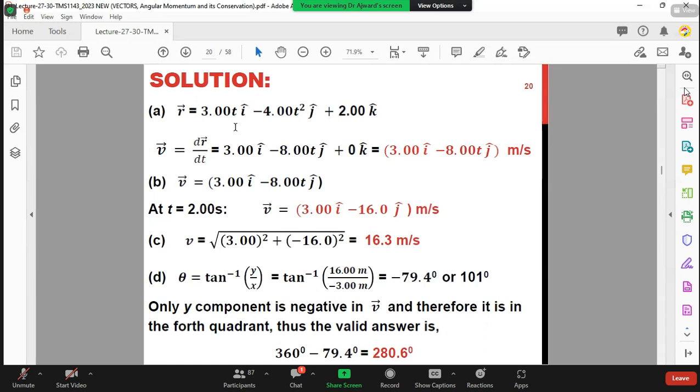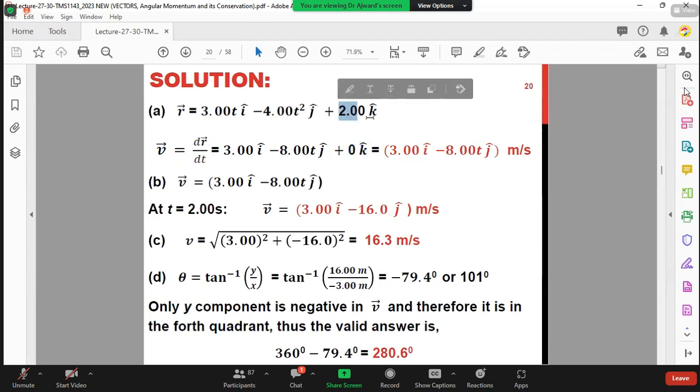So 3t, what is the derivative of 3t? Just 3, right? When you take the derivative, dt over dt is 1. And here t squared, when you take the derivative, becomes 2t, so 8t. And k disappears because this is a constant.